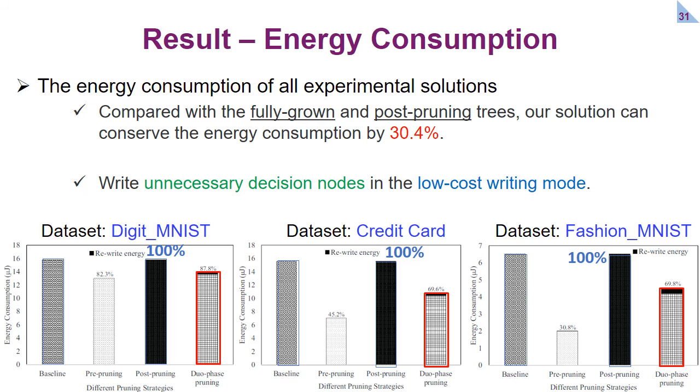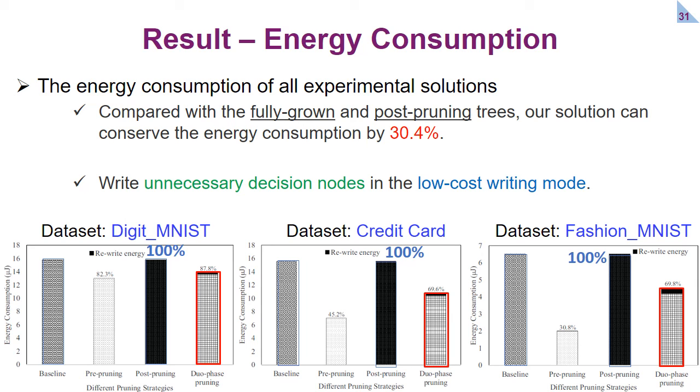However, the pre-pruning has a very low accuracy, which is unacceptable for most traces. As for the energy consumption, compared to the post-pruning strategy, the proposed dual-phase pruning can reduce a lot of energy. For example, it only consumes 87% of the energy under the digit-minutes trace, and only 69% of energy under the credit card trace, and only 69% of energy under the facial-minutes trace.